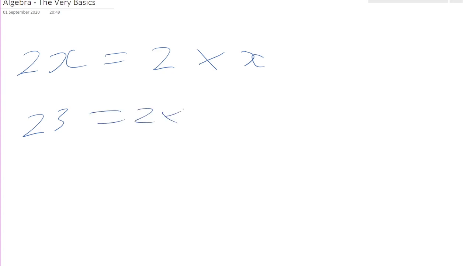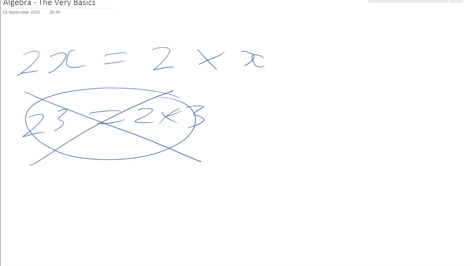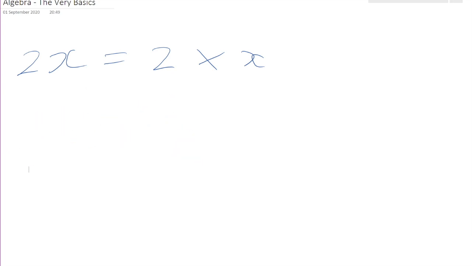So, if I write something like 2x, what I really mean is 2 multiplied by x. This is slightly confusing at first, I suppose, because 23 does not mean 2 times 3. But to mathematicians, 2x just means 2 lots of the unknown quantity x.